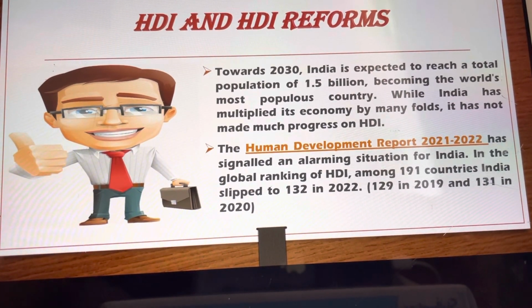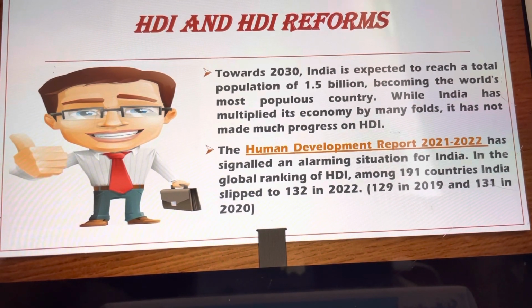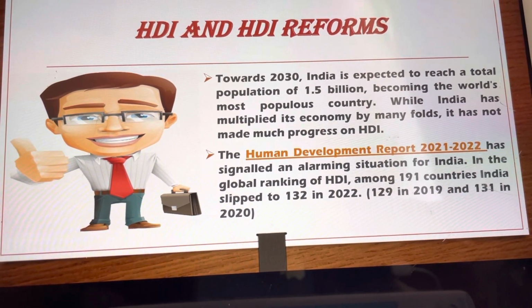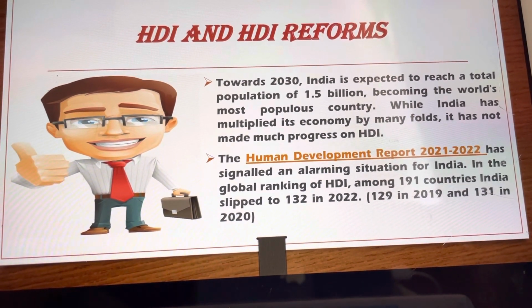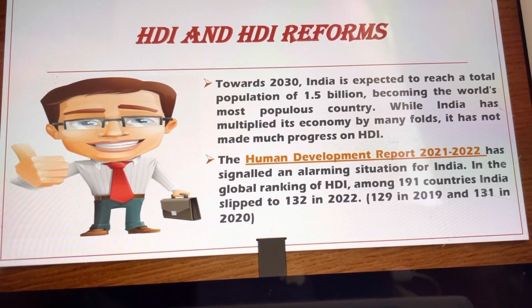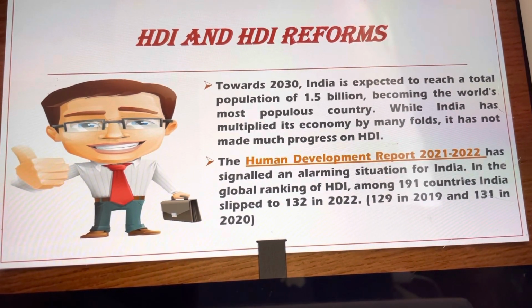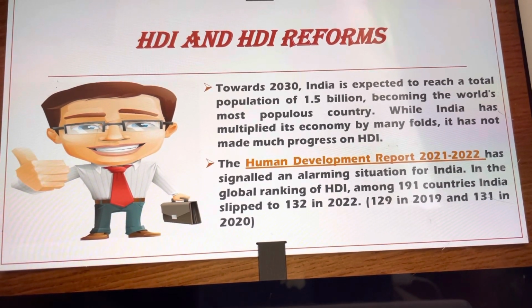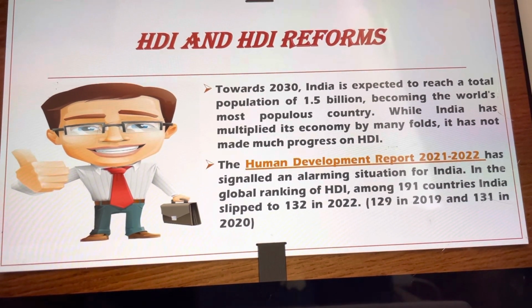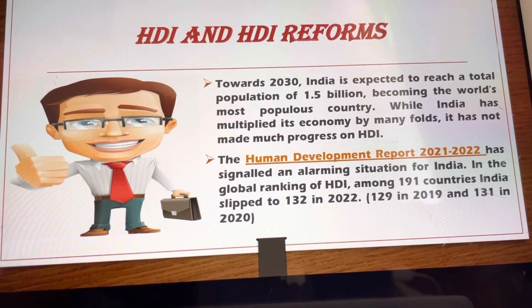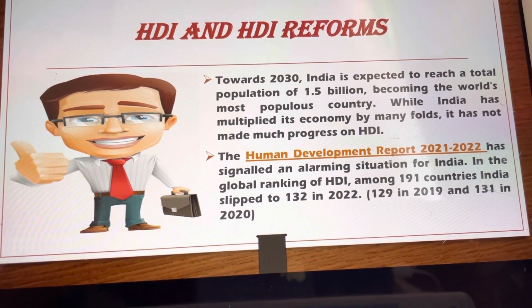While India has multiplied its economy many folds, it has not made much progress on HDI. So the data shows that HDI has not improved much in India. However, economic growth has increased in India many folds.